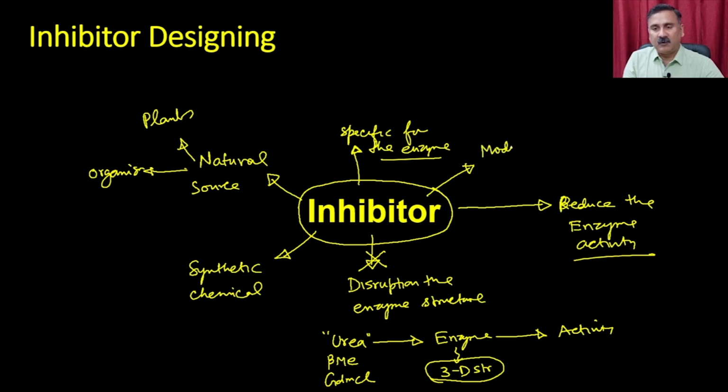For example, beta mercaptoethanol is going to change the disulfide linkages and other kinds of things. The same is true for other kinds of modifiers which change the functional groups. So they are not going to be considered as an inhibitor.